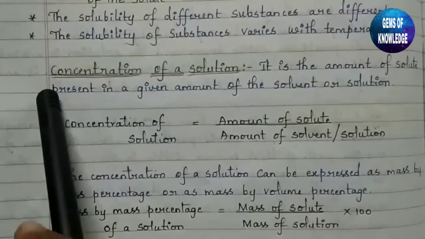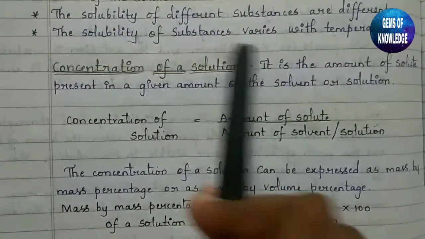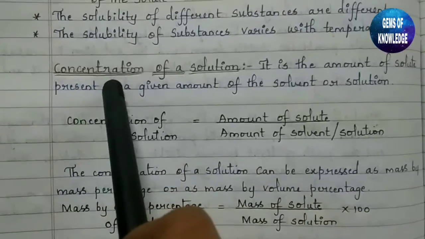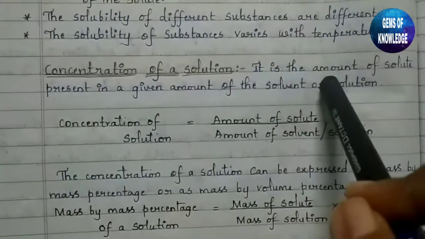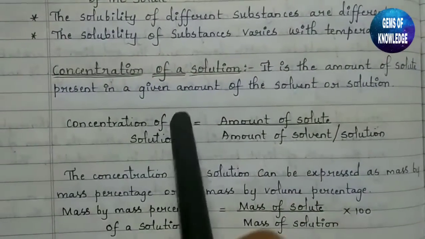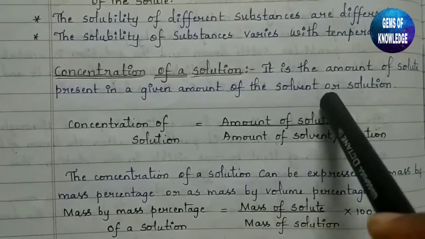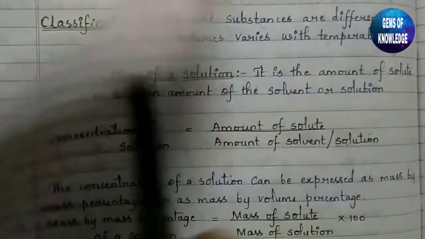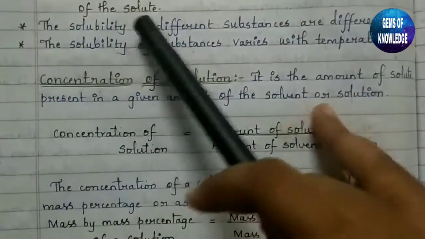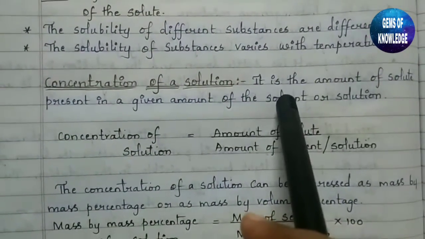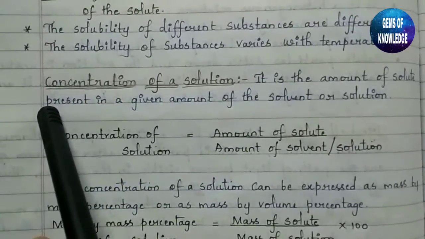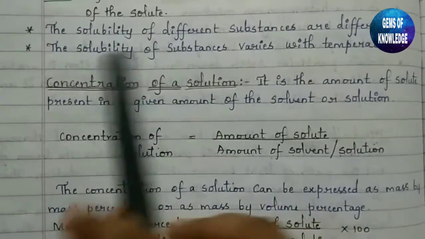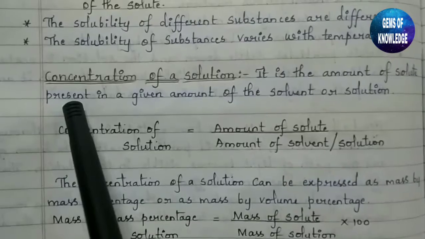Okay, then next, coming to the concentration of the solution. How can we find the concentration of a solution? It is the amount of solute present in a given amount of solvent or solution. How much solute, how much salt, we are adding into that particular solvent or solution will tell us the concentration of that solution.